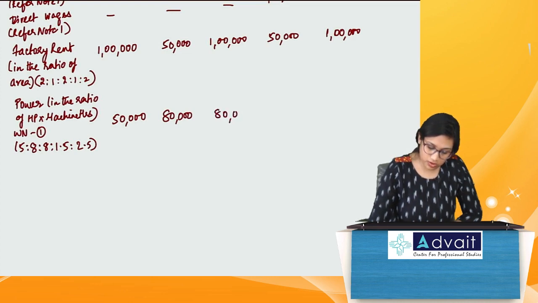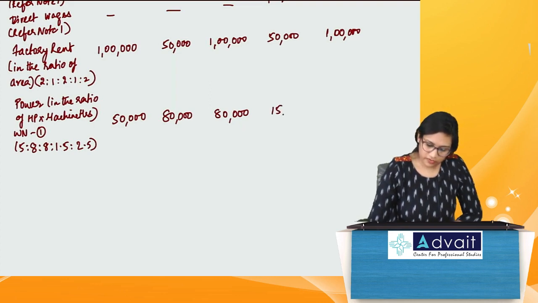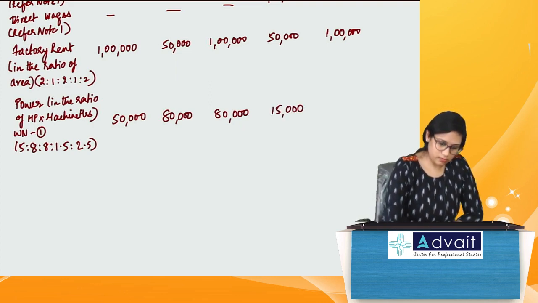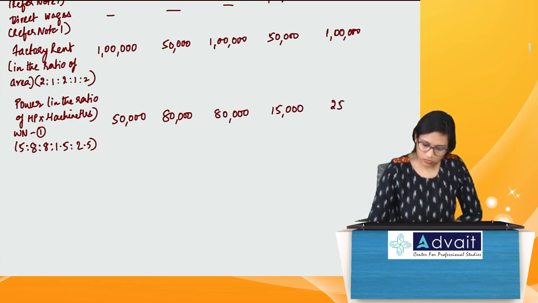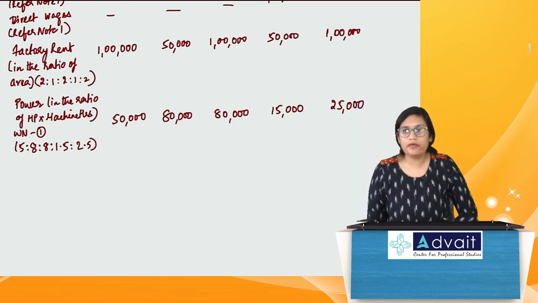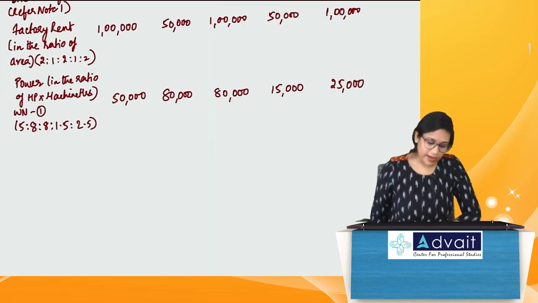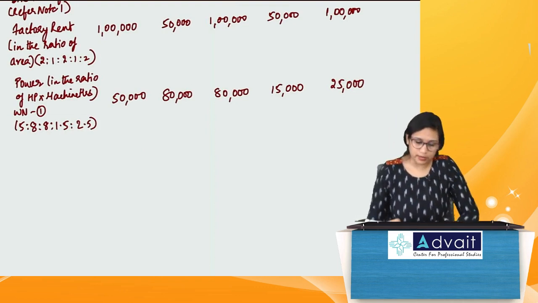Third one 80,000. 15,000. 25,000. Right. So 50, 80, 80, 15,000, 25,000. Done. So factory rent check, power check.